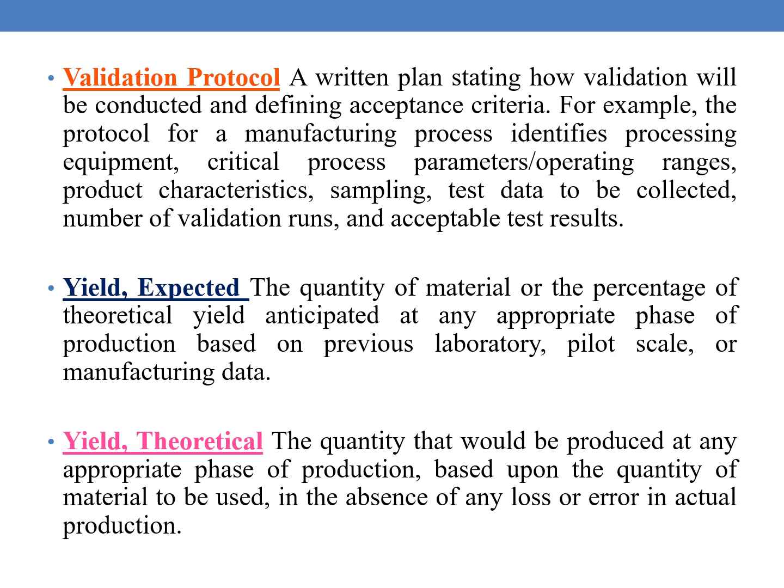For example, the protocol for a manufacturing process identifies processing equipment, critical process parameters, operating ranges, product characteristics, sampling, test data to be collected, number of validation runs to be executed, and the acceptable test results. All these things are included in the validation protocol.